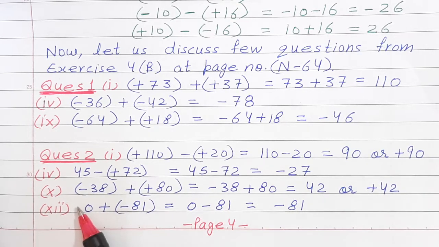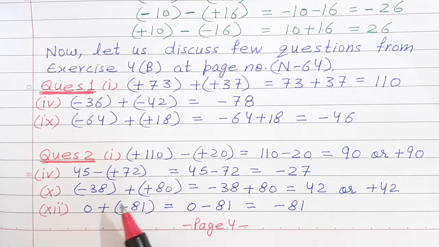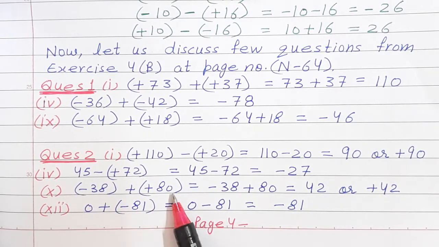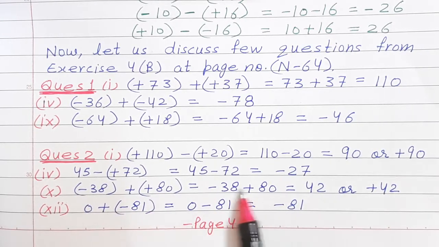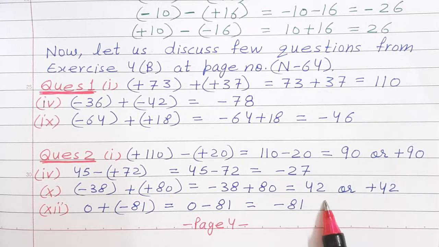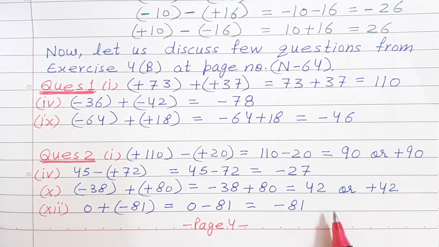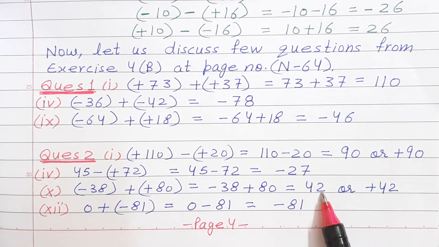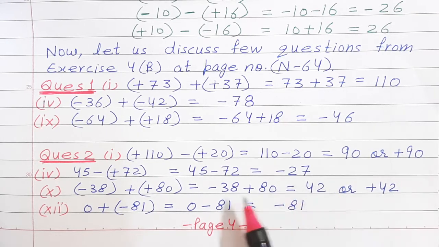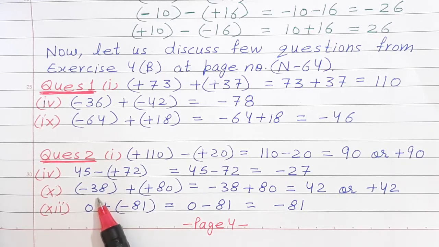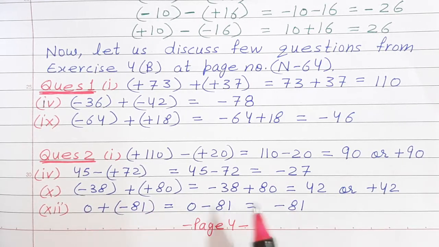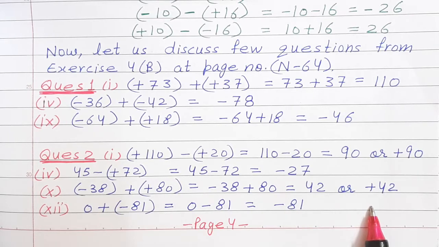Now next is minus 38 plus 80. Now one is negative, one is positive, so we subtract the two numbers and the answer is 42. Now children, why is it not minus 42? Because here the greater number was positive and the smaller number was negative. So we will take the sign of only the greater number, right?